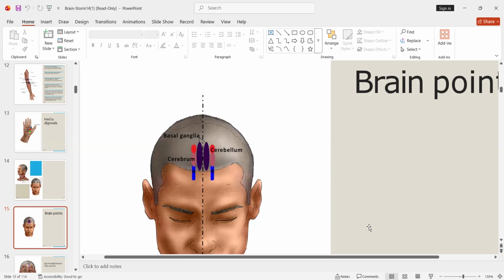Cerebrum and cerebellum control our equilibrium and body balancing. Cerebrum controls all the movements, because all the functions are happening in our brain only in the cerebrum area. Then go for next.